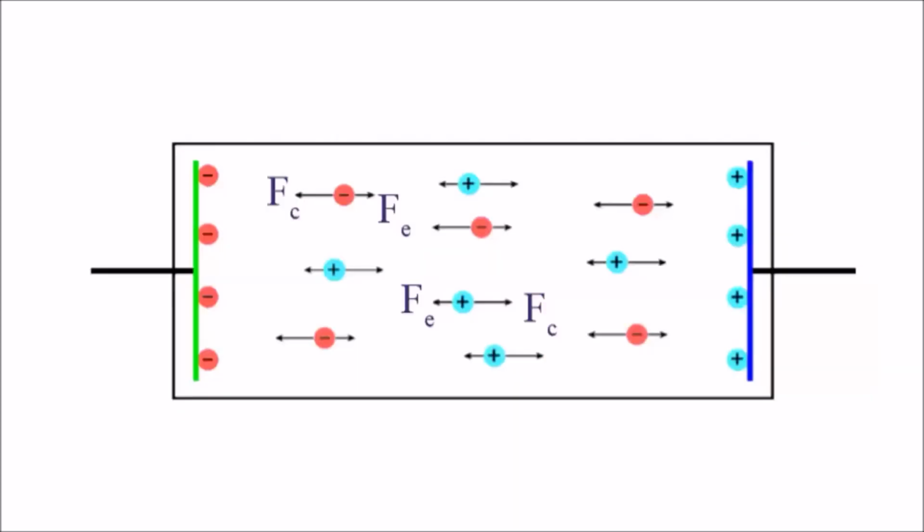Now you observe Fc. Fc stands for chemical force. Fe stands for electric force. Inside there will be two terminals. If all positive charges reach one terminal, you can observe on your right hand side, four positive charges came, so that terminal we need to consider as the positive terminal. And towards the left hand side, four negative charges came, so that negative terminal is at your left hand side.